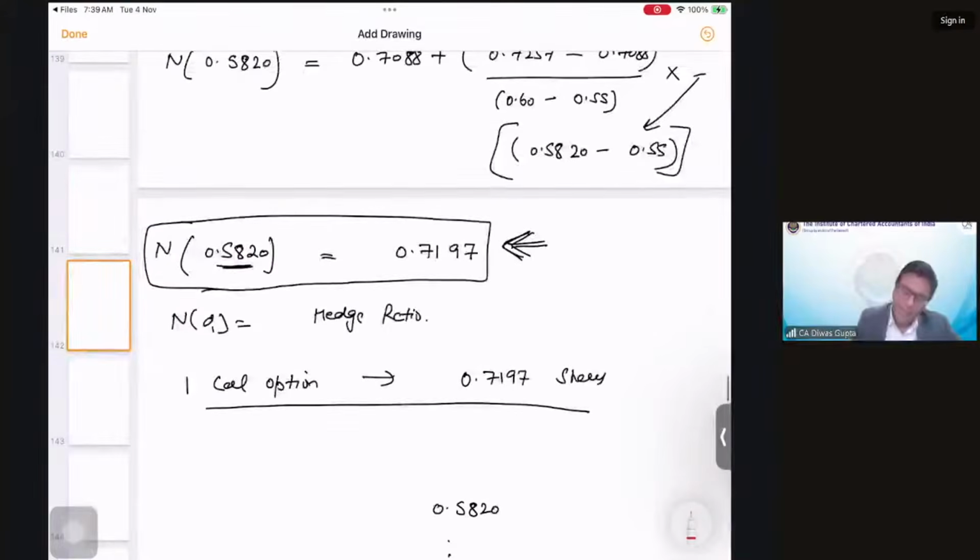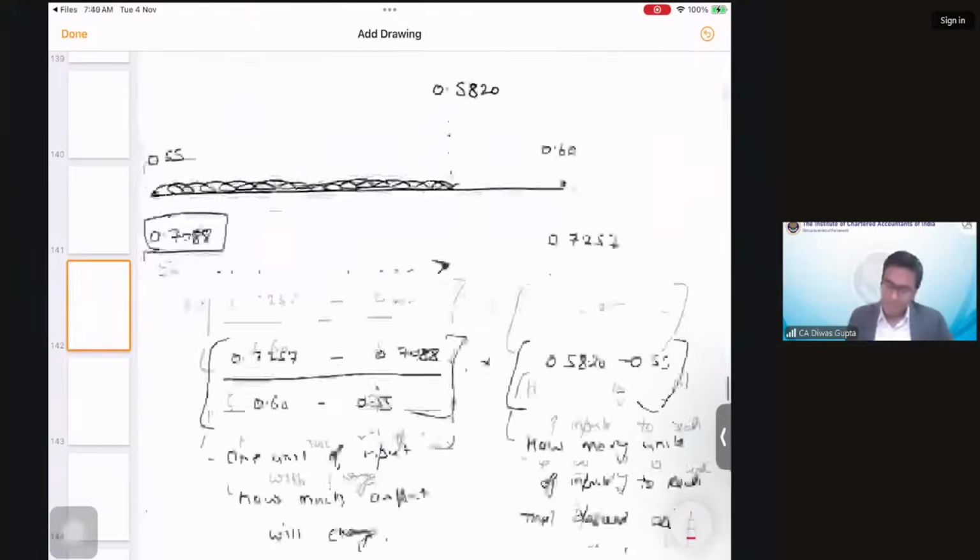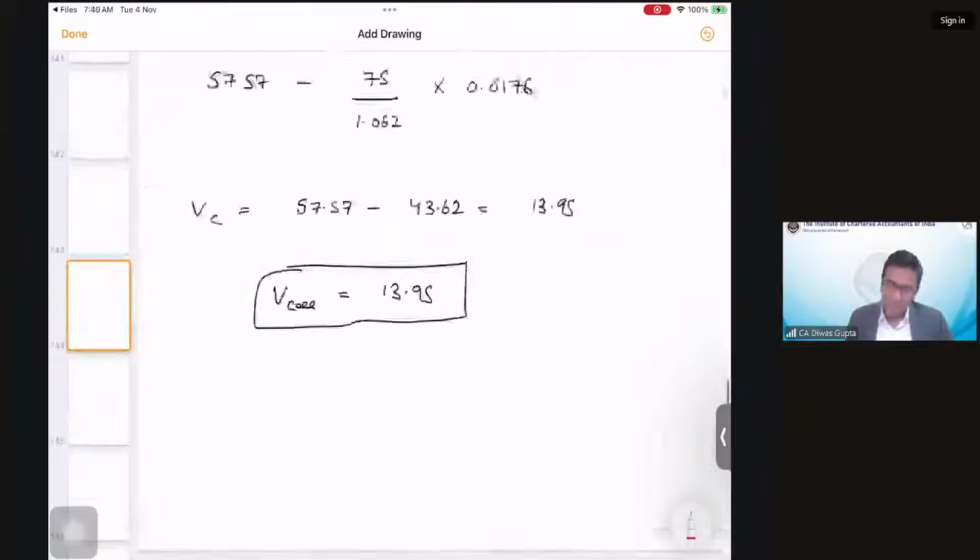Similarly, for ND1, 71.97 percentage of shares to be sold for one option. Clear? So this is what the relevance of the ND1 and ND2 is.